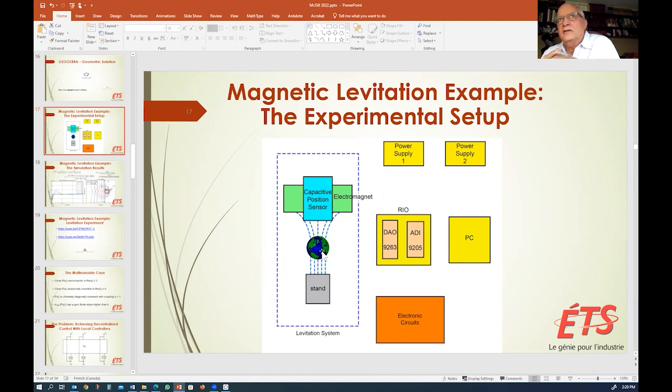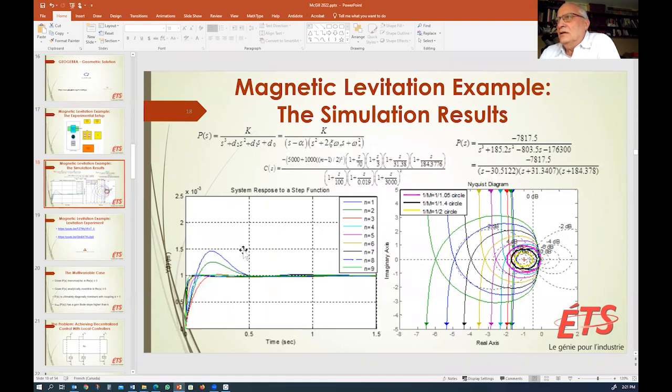And when we compare by simulation everything with H infinity, H2, we have advantages. So when I'm looking at my gain, look here, when I'm increasing the gain, I'm getting closer and closer to the ideal. I have one unstable pole because levitation is not a stable system.